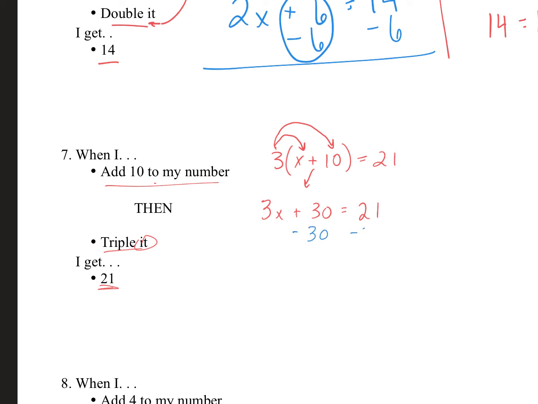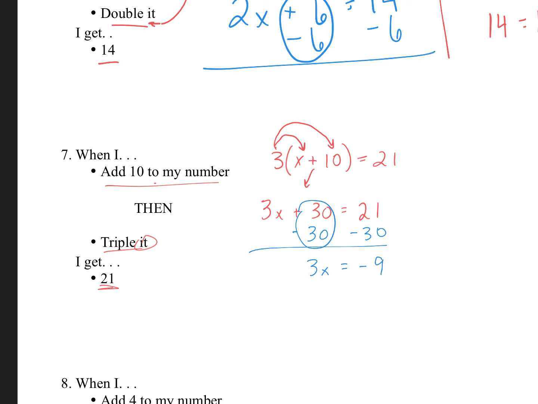And I have to do that to both sides. When I do that, that becomes 0. I'm just left with 3x over here. And that's equal to 21 minus 30. So I'm subtracting more than what I have, so I'm going to be in the negative. So negative 9.